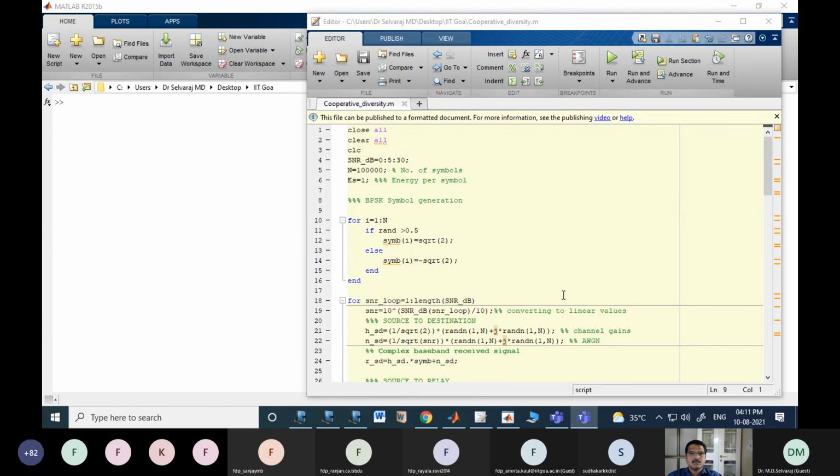But if I deploy multi-hop relaying, then it will not give the performance, because when you jump from one relay to another, the error propagation also increases. When the error propagation increases, we will not get good performance.